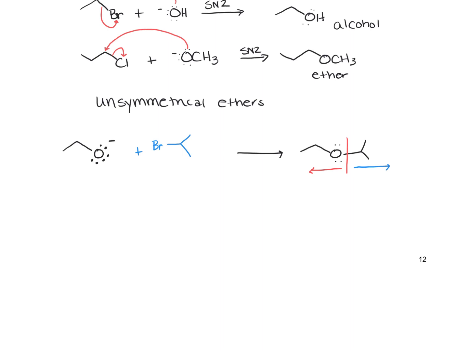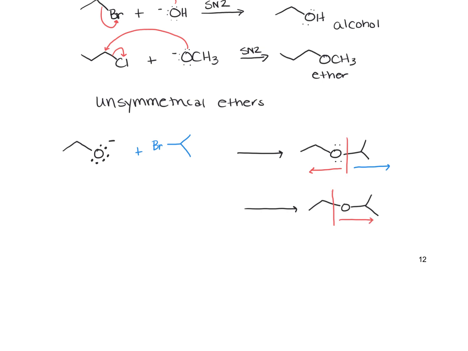Now, we can do a second reaction where we make this same product. And instead of forming the alkoxide ion with just the ether group, we can say everything over here is going to be with the alkoxide.